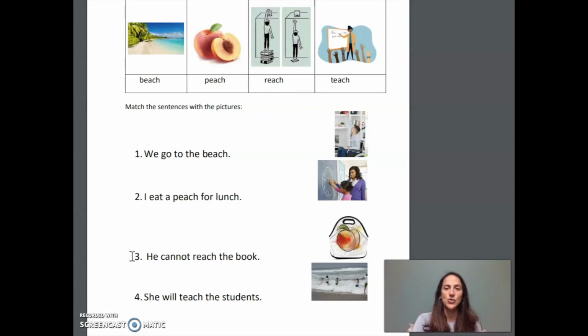Find the each word. Yes, and our picture. Number 4. She will teach the students. Find the each word. Teach. Very good. Find the picture.